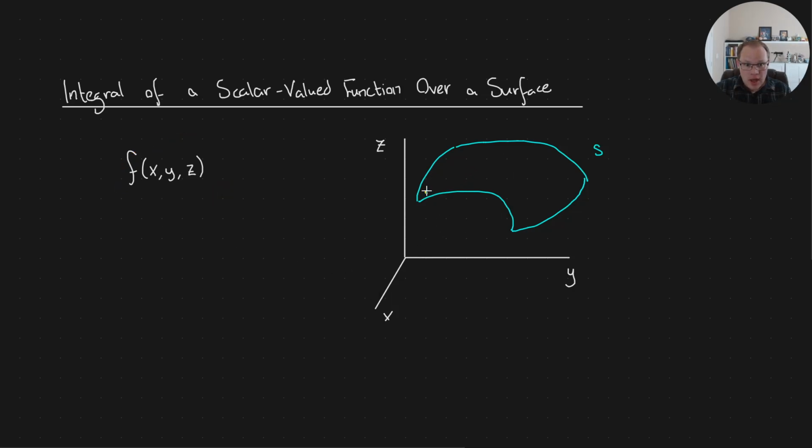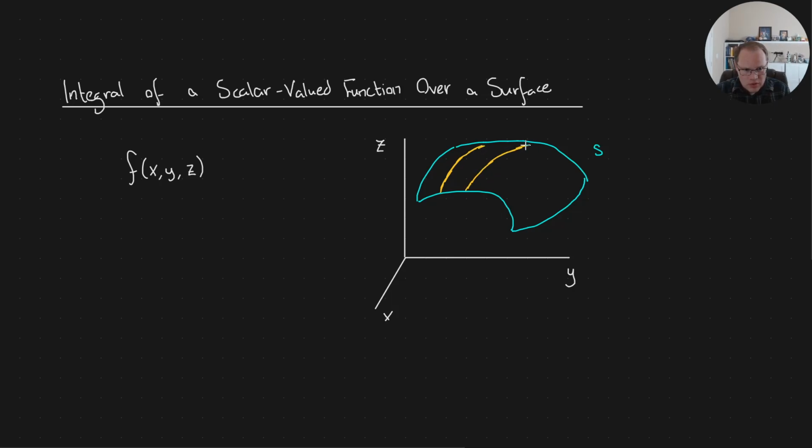So we want to add up all the little points that this scalar function gives us, all the scalar values over the surface. Okay? So how are we going to do that? Well, right off, we can imagine we slice up this surface.